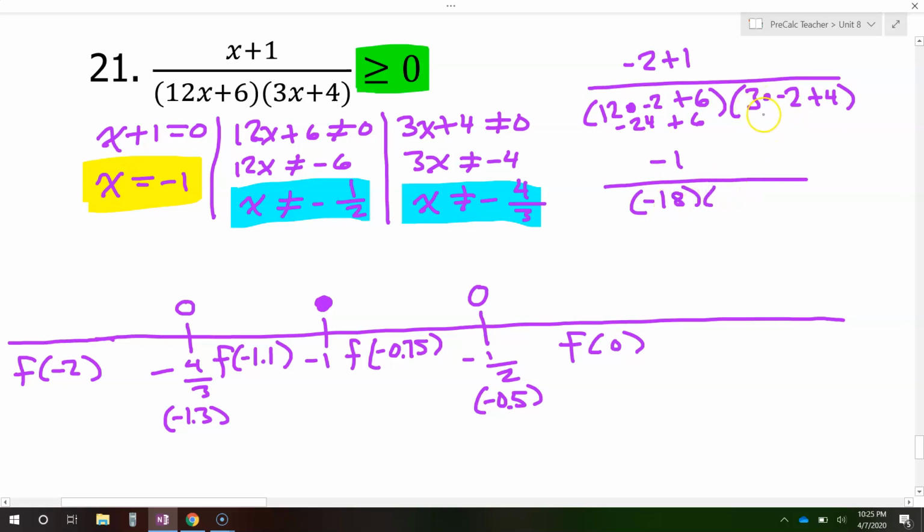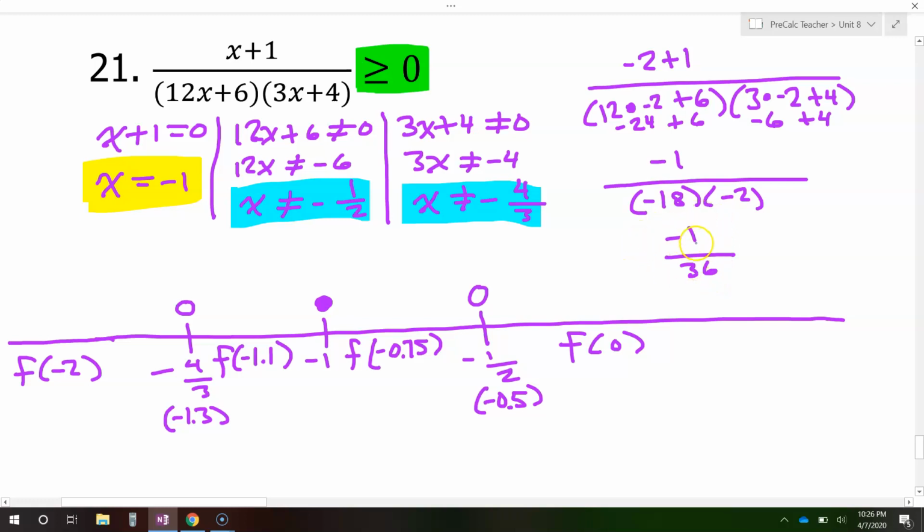And this is going to make negative 6 plus 4, so that is going to be negative 2. So I've got negative 2. So this is going to be negative 1 over positive 36. Negative 2 times negative 18 is positive 36.